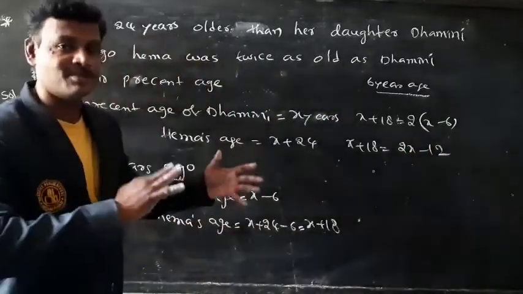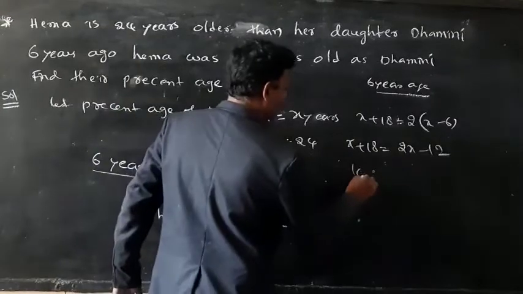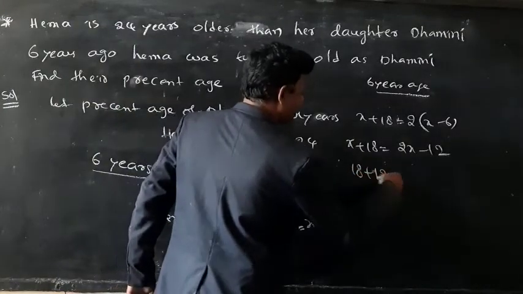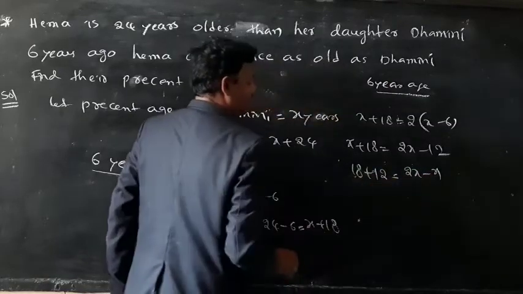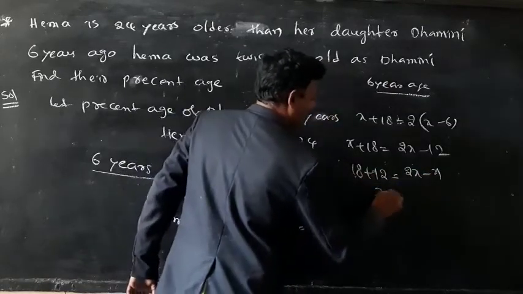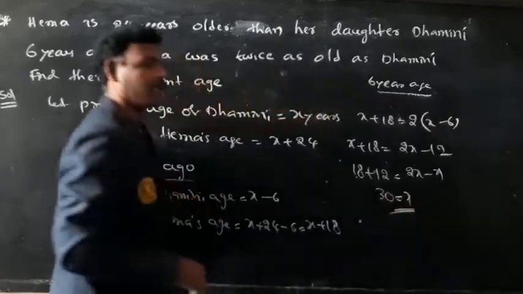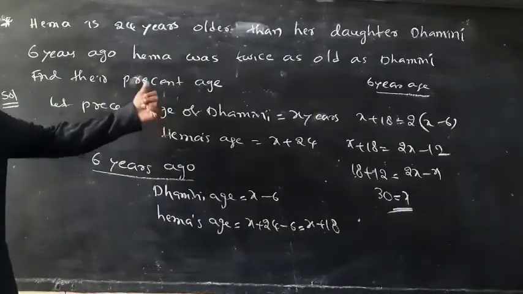Now take like terms to one side. 18 minus 12 we can take as plus 12, and next to that 2x minus x. 30 is equal to x. What is the meaning of x? x is nothing but the age of Damini.